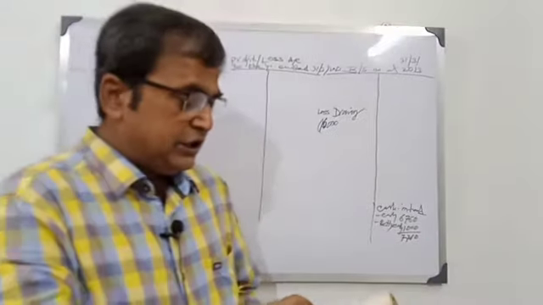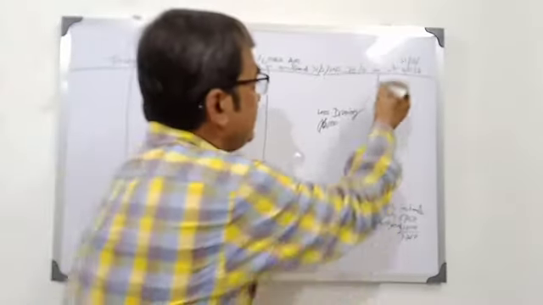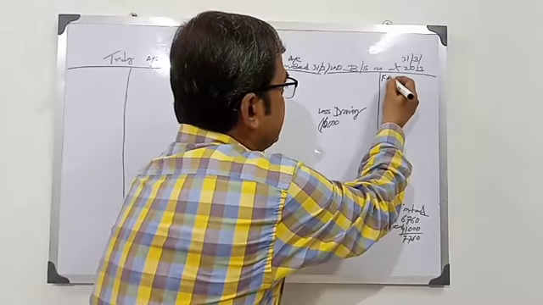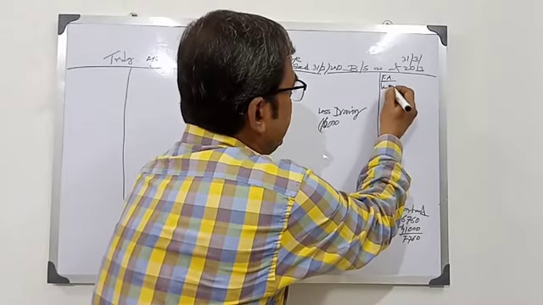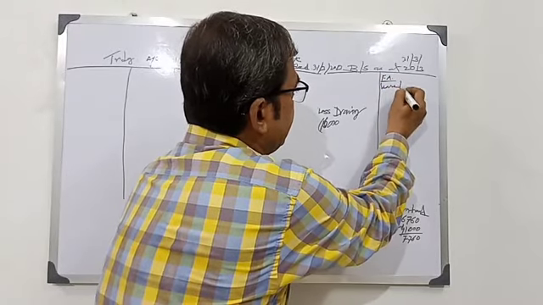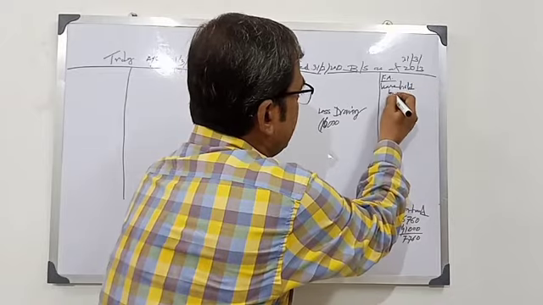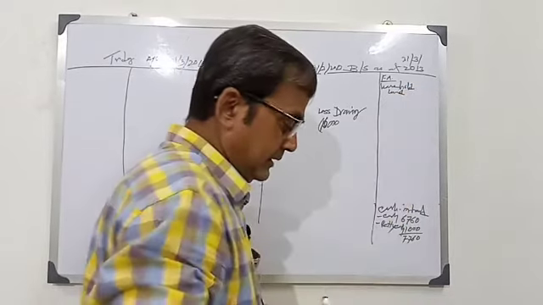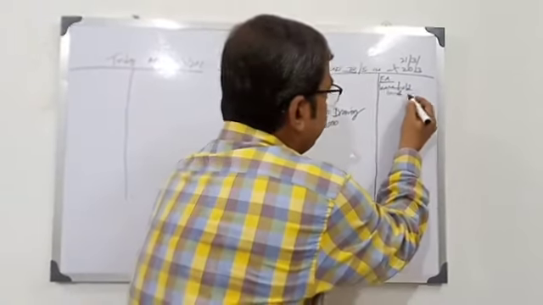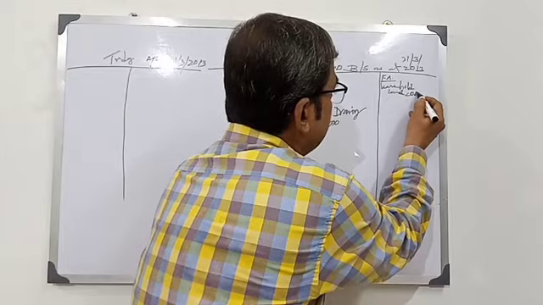Now leasehold land 20,000 under fixed asset. Fixed asset, leasehold land, how much? 20,000. In the inner column I write.